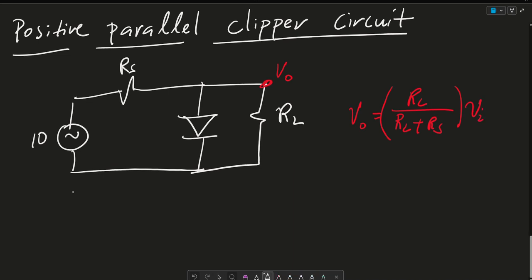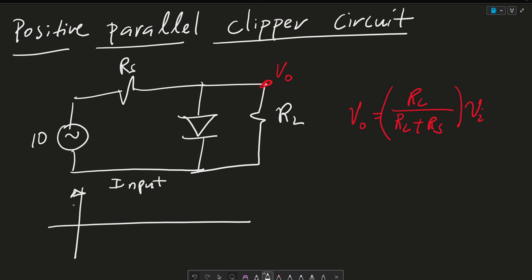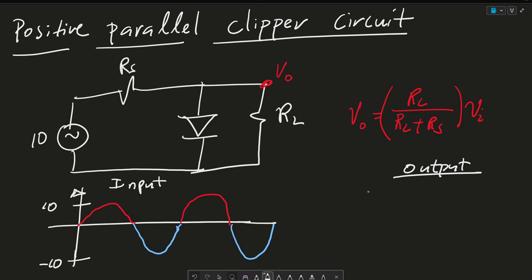If we wanted to plot this for a given input from 10 to negative 10, let's say we get a positive wave, another positive wave, a negative wave, and another negative wave, we can see what happens for our output.